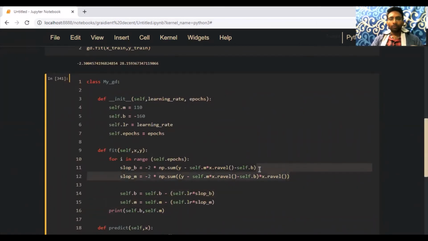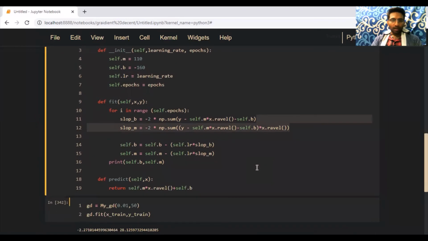This is the actual math part. I have taken a very simple example of just one feature and one target feature. It can also be done the same way for a larger number of features. A few changes need to be made in the code, but the same could be done. This is the particular part where you need to understand the maths, the differentiation part, and the rest is easy.